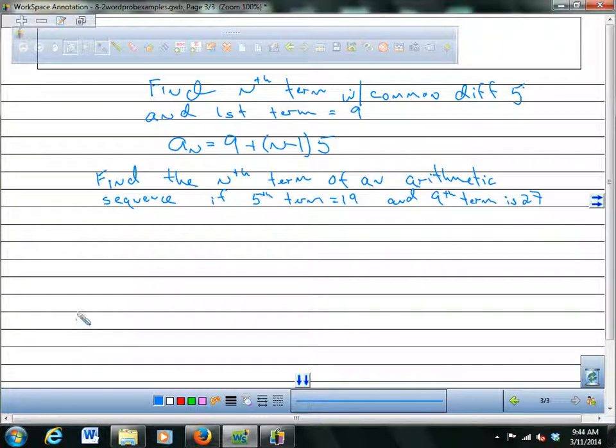Okay? So this one, really what you're doing, you're setting up 2 equations with 2 unknowns, and then you have to solve them.